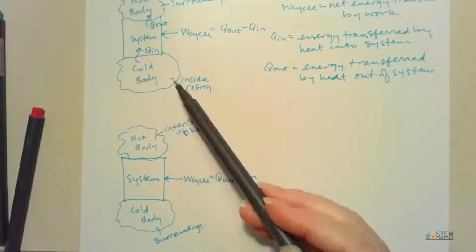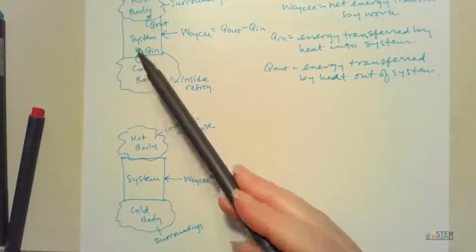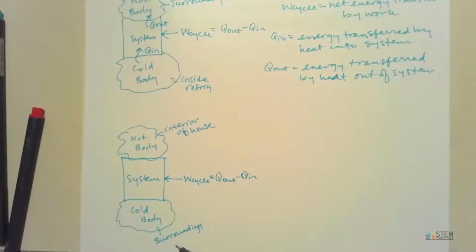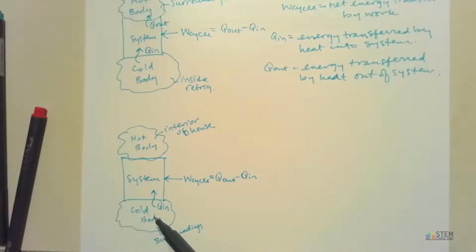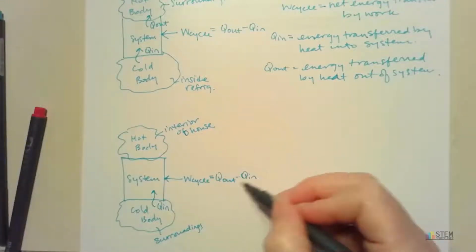With the refrigerator, you were trying to remove heat to keep things cold. With a heat pump, you're trying to warm something up. So we're still going to have Q in from our cold body. It's going to take heat from the surroundings and put it into the system. Work's going to be done on the system, and that work is Q out minus Q in.